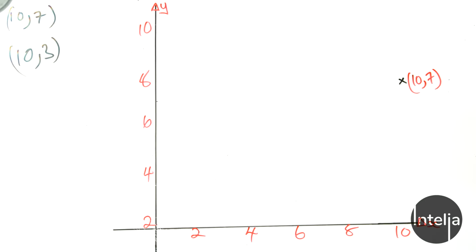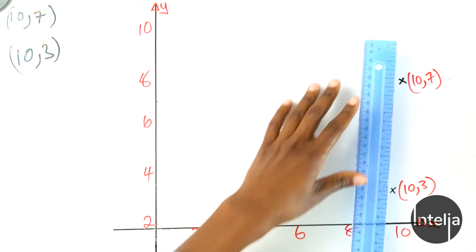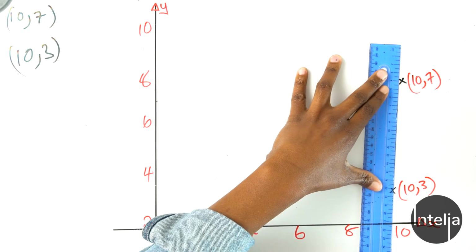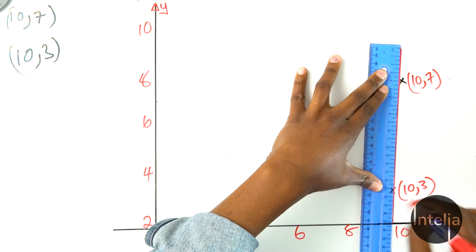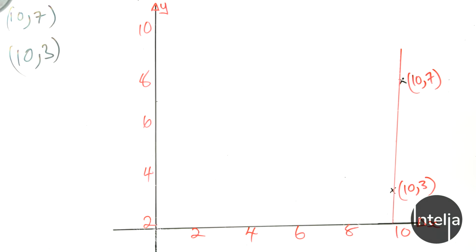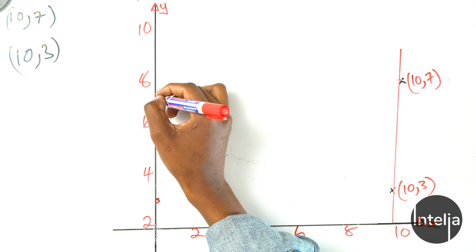And (10, 3) is here. So your line will be vertical, like this. You see the 3 is here and the 7 is here.